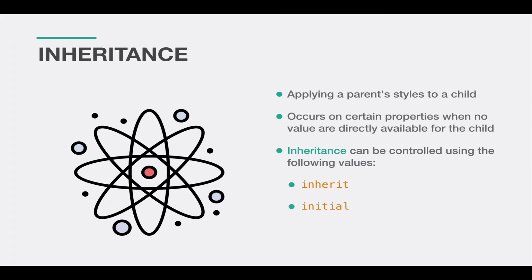There's the initial property, which allows us to set its initial or default setting. We have unset, which again resets it. And then there's also revert. This is a new one, and it only works in certain browsers. Again, these last three all do essentially the same thing, but it's nice to be aware of them.